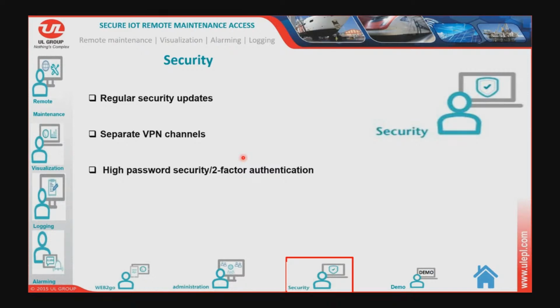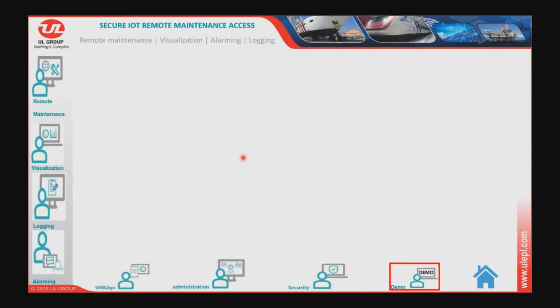So there is no outside traffic interfering with our communication. And it has high password security and two-factor authentication as well, to have a secure authentication, and extensive access management.